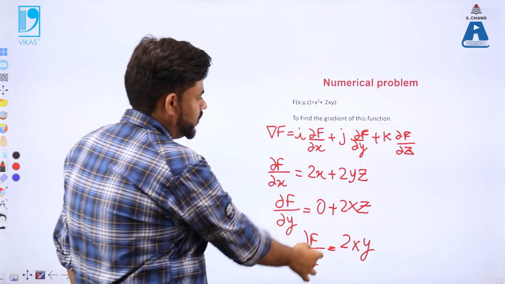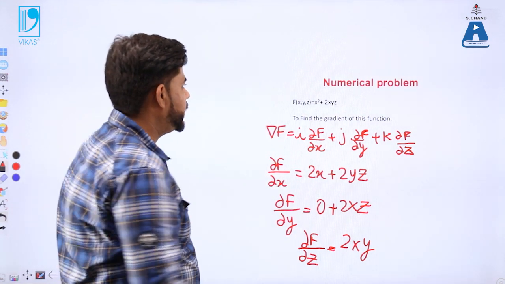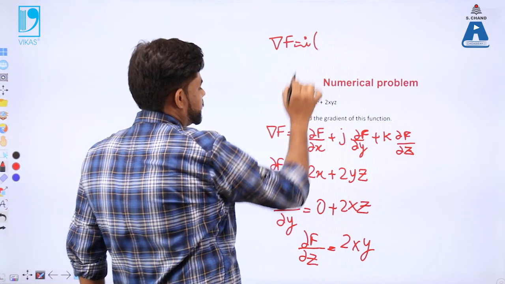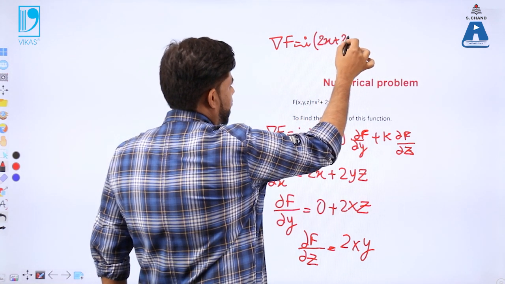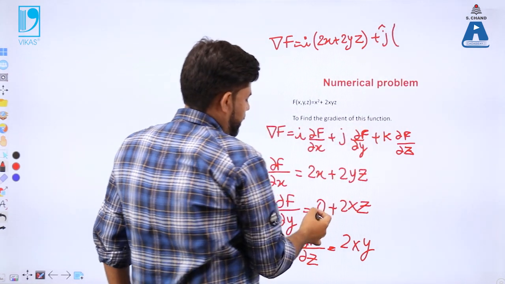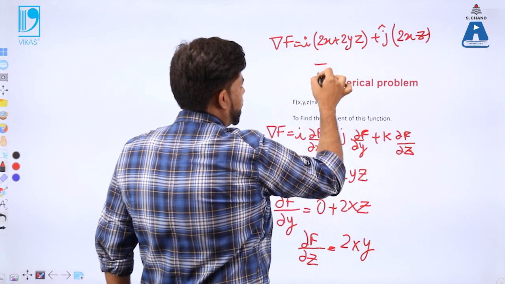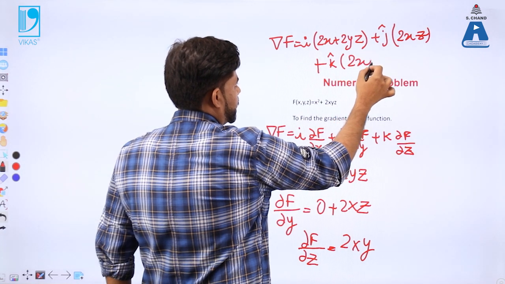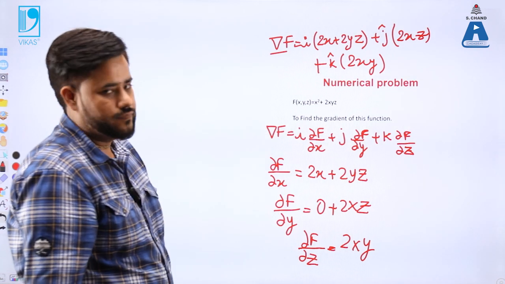I have all these three components, so I can substitute them in the expression to obtain del f. So del f would be i times 2x plus 2yz, plus j times 2xz, plus k times 2xy. So this is an expression for gradient of this function f.